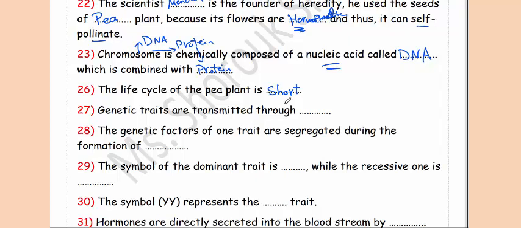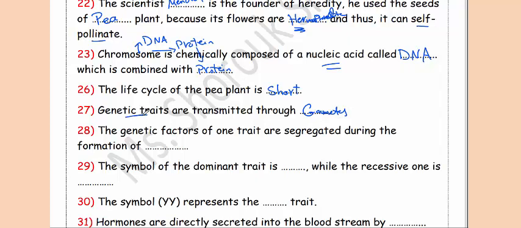Genetic traits are transmitted through what? What takes the genetic traits from parents to their offspring? Gametes. They are carried on genetic factors called gametes.